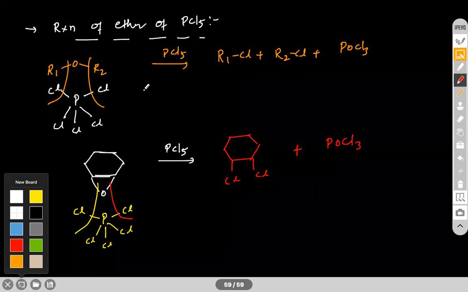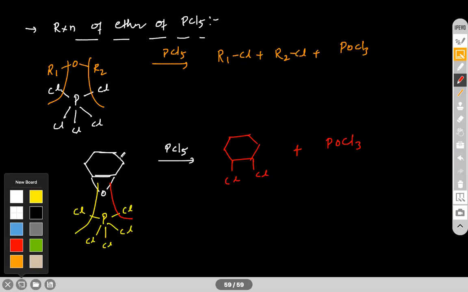Okay, this is true when you write down the reaction with acid, amide, ketone and aldehyde. I'll show you. Just write down the reaction of PCl5. Further, some more reactions of PCl5 I'll show you here only. However, this was not our topic that we were discussing, but let us finish it here only.